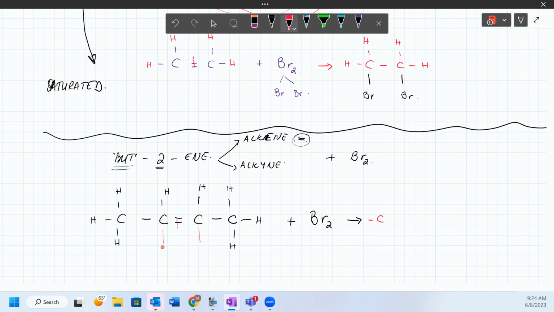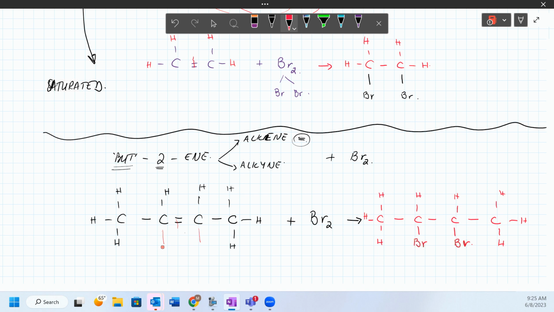Let's draw the structure. 1 carbon, 2 carbon, 3 carbon, 4 carbon, and then here we have hydrogen, hydrogen, hydrogen, hydrogen that was originally. This is what it was originally. And those two new bonds that were becoming available are taken by bromine.